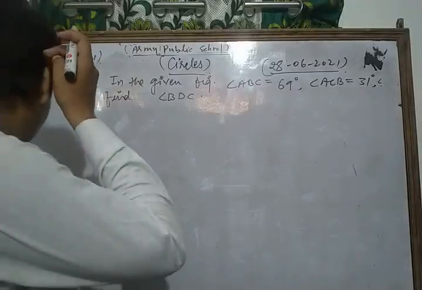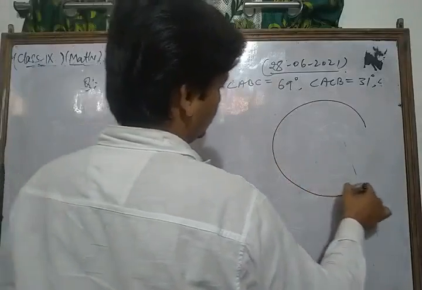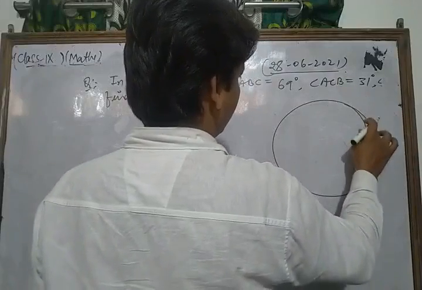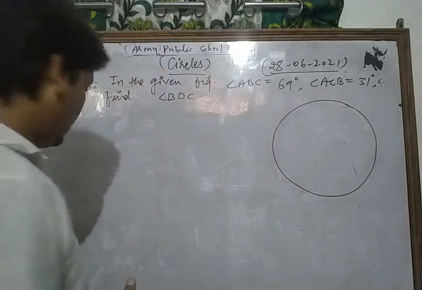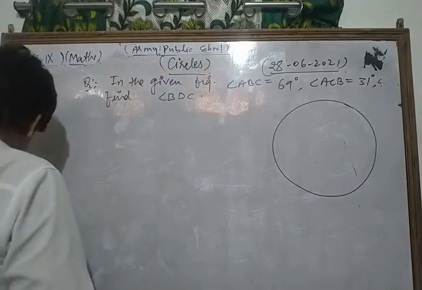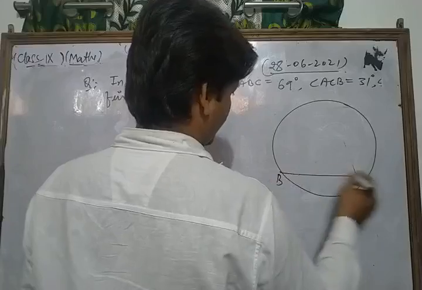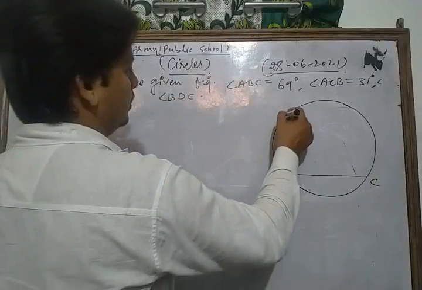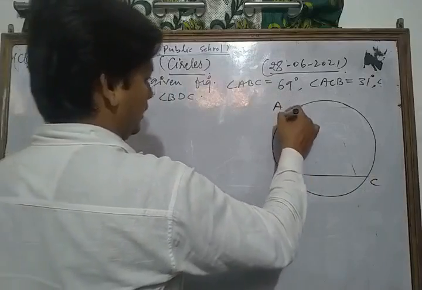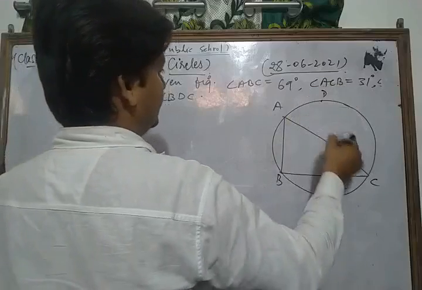Okay, now let's see the figure. This is a very important question of your NCERT exercise. This is your figure. Okay, now here this is BC, and ABCD.